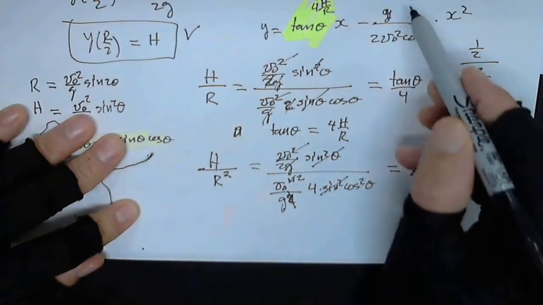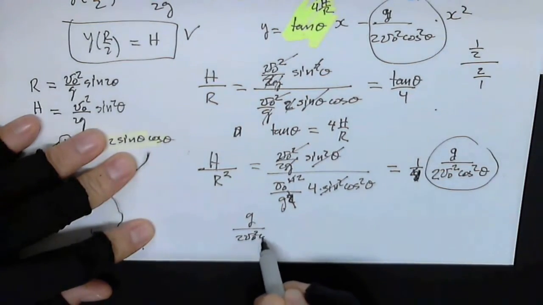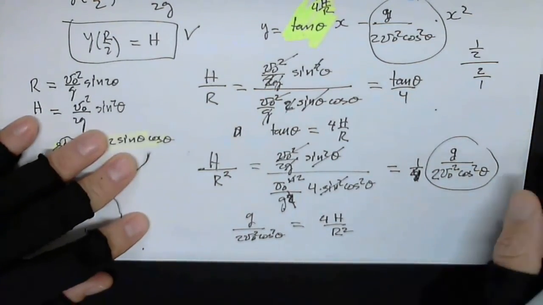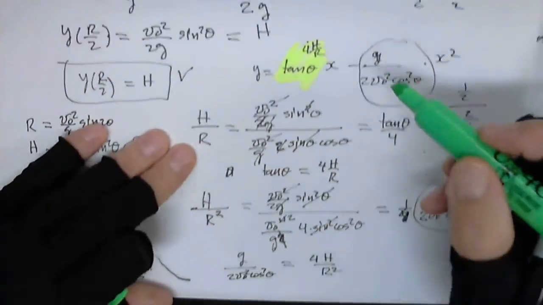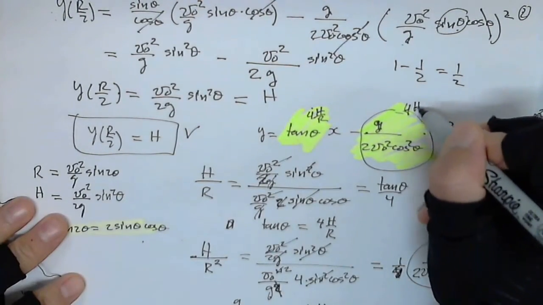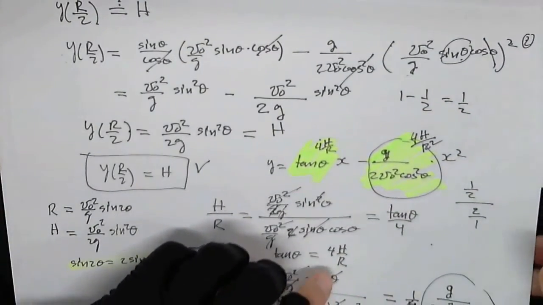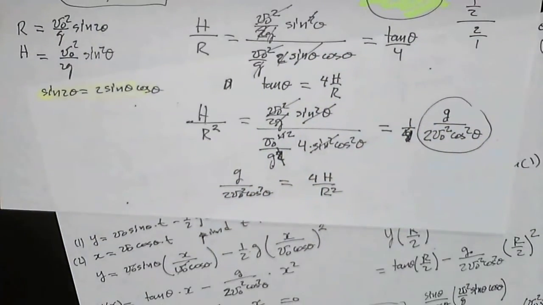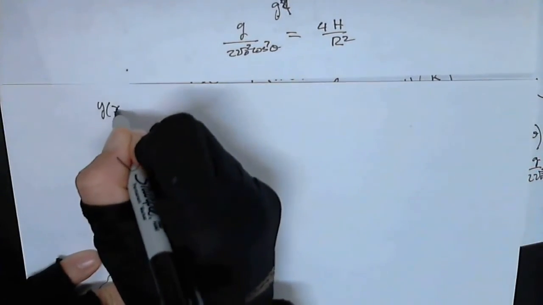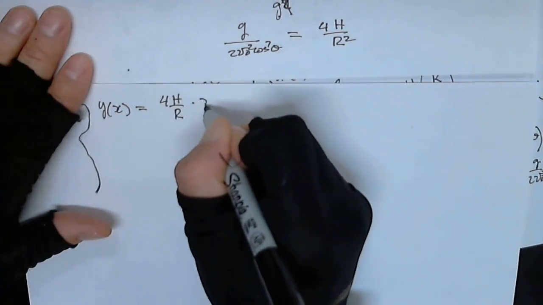So this term over here is 4h over r squared. So my y of x is 4h over r times x.